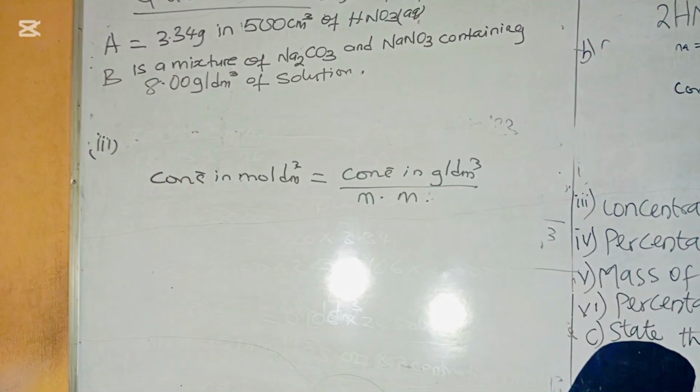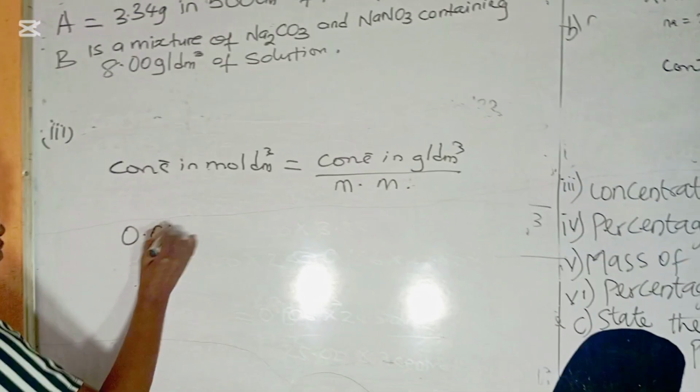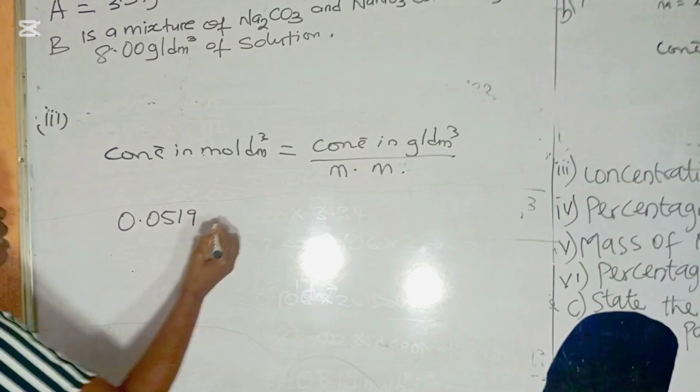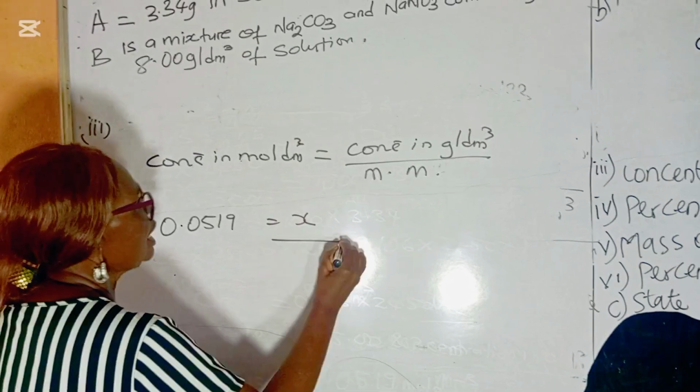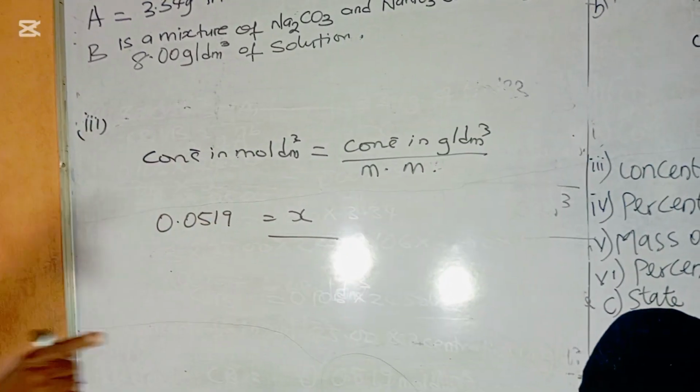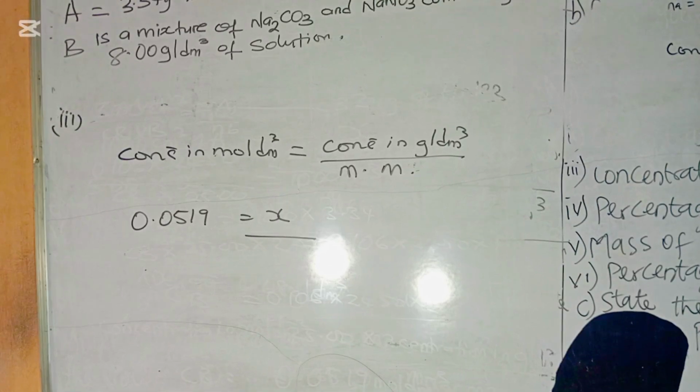We've gotten concentration in moles per dm3 as 0.0519. Then we are looking for concentration in grams, which we don't know. Then the molar mass of the base. Don't make the mistake of using the molar mass of the acid because we are working with the base.